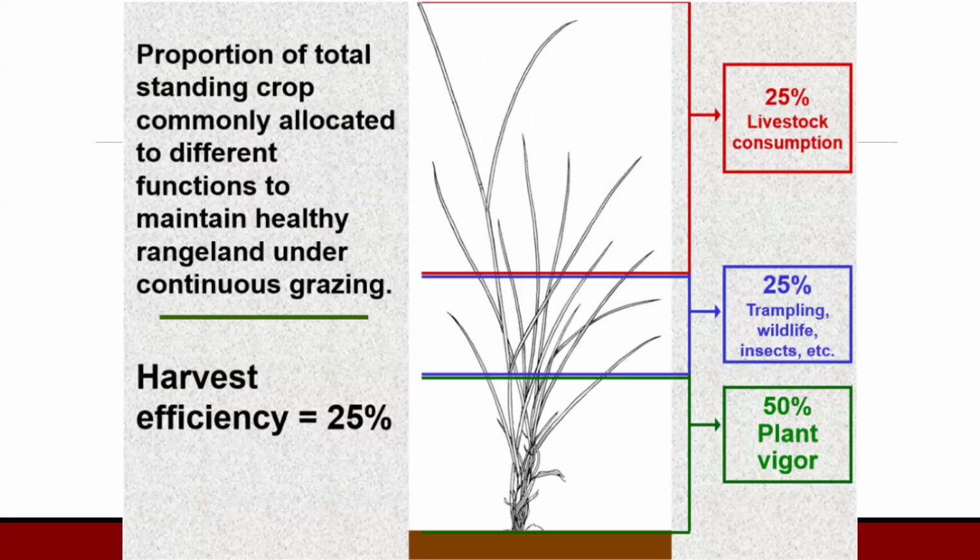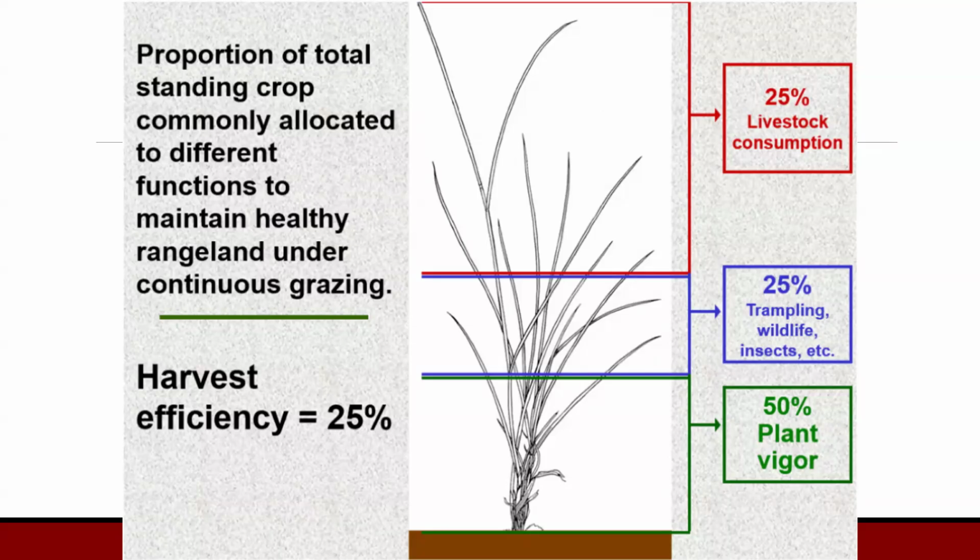What percent is going to be just lost to the environment, either through trampling, wildlife eating it, insects, and then what percent are you going to leave, so your residual forage height, forage mass, after grazing to support plant behavior. So if you add harvesting efficiency with that other 25% that's just lost to whatever, okay, so that 50% in this image would be the defoliation rate.